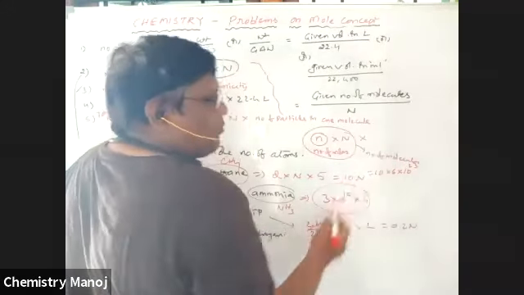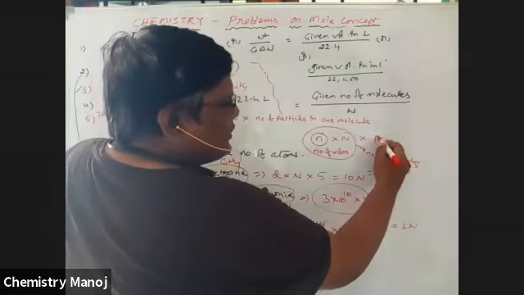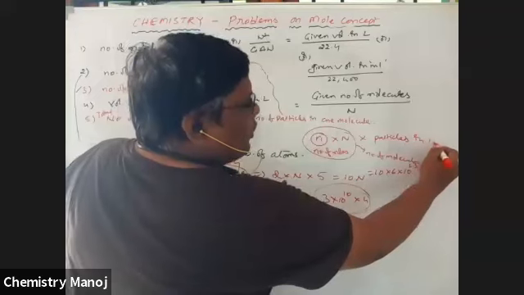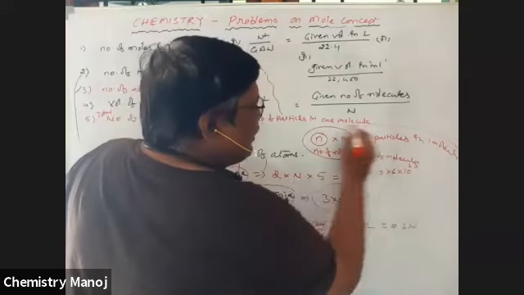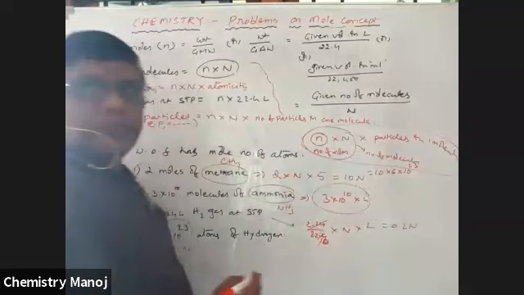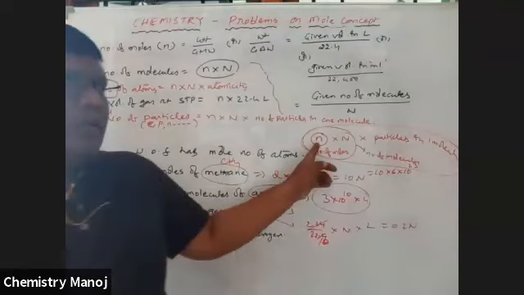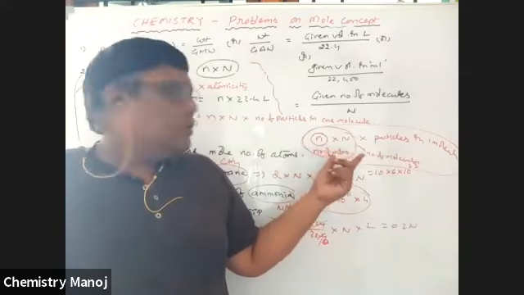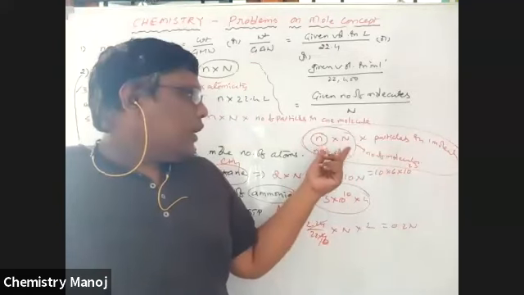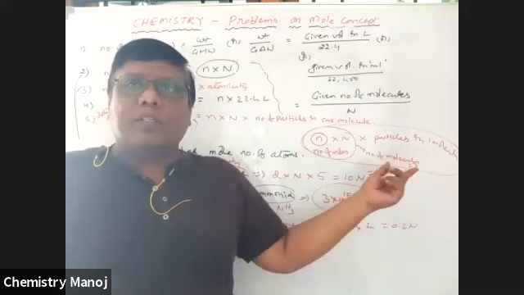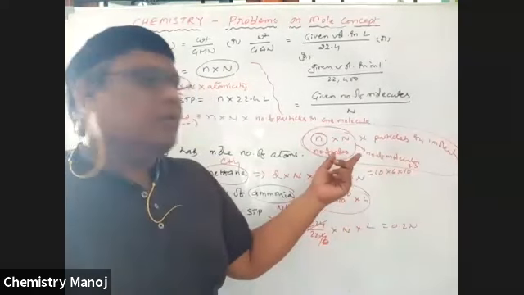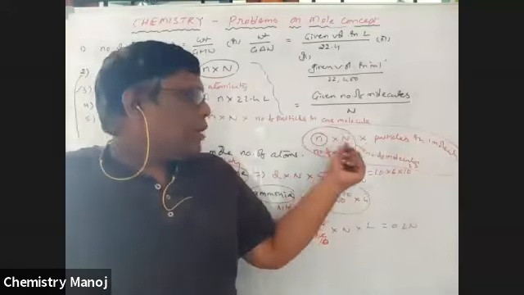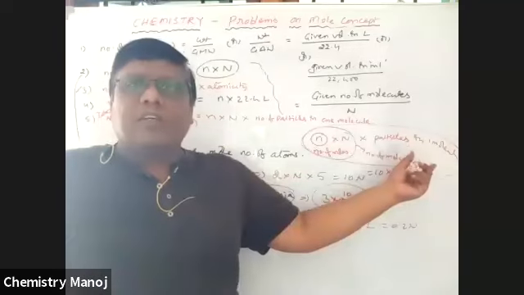If this is multiplied with the number of particles in one molecule, whatever you want, that gives the number of particles.